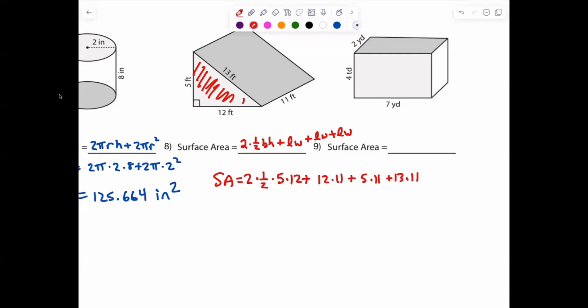Everybody's good with 390? So 390 feet squared. 8,057. Yeah, that's because you accidentally hit times instead of plus, right? You have to be real careful, Andrew, the plus sign, not the multiplication. All right, double check it.